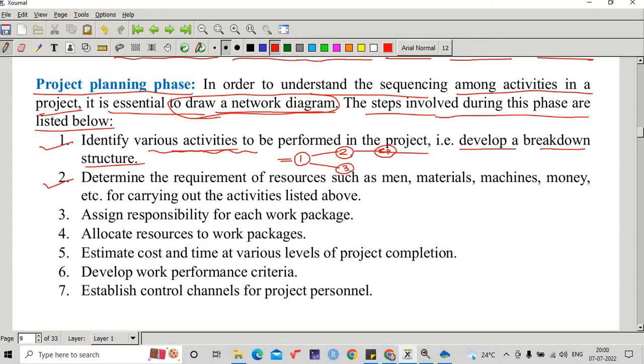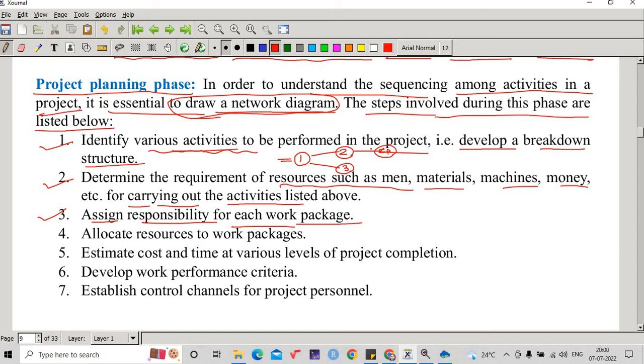Second, determine the requirement of resources such as men, material, machine, money and many more things which are included for carrying out the activities listed above. The third important part we have to take into consideration: assign responsibility for each work package. At the first step, what activity should be followed?